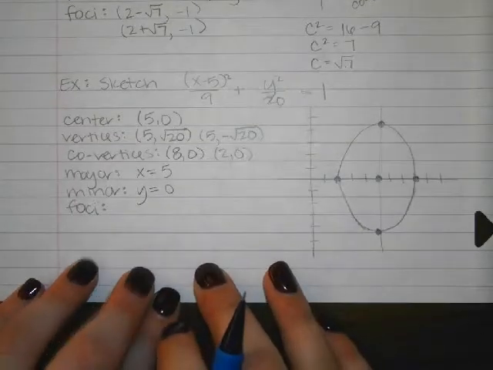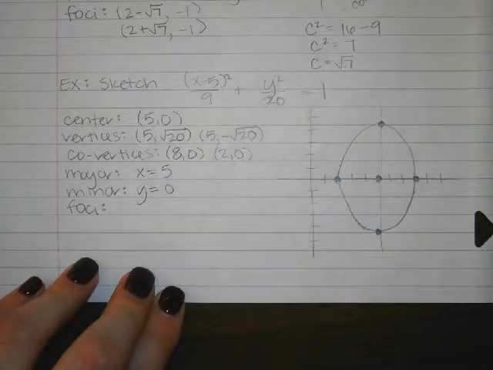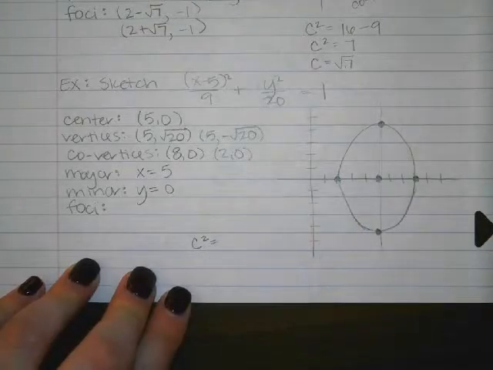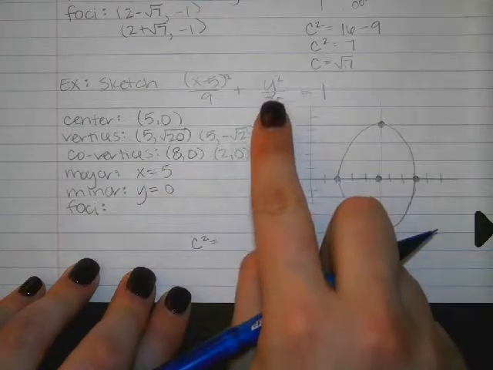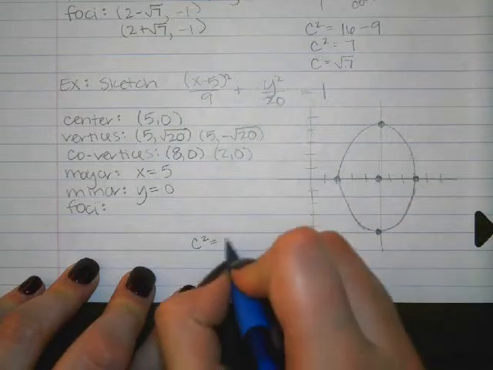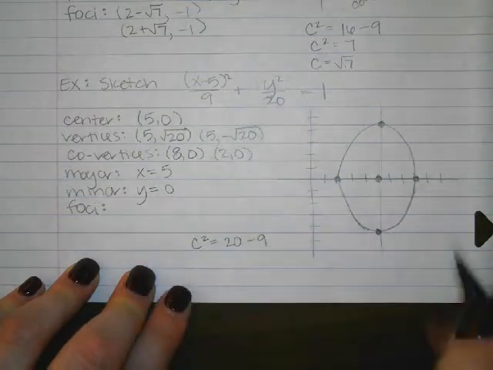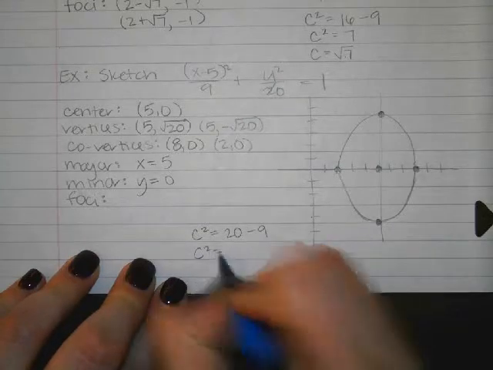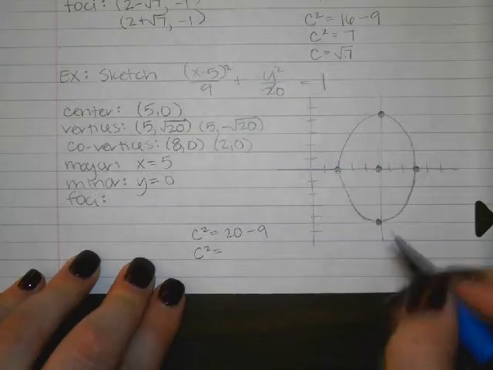And what are we going to do to find the foci? C squared is a squared minus b squared, or in this case, it would be b squared minus a squared because the b squared is bigger. So we're going to say 20 minus 9. What's 20 minus 9? 11.